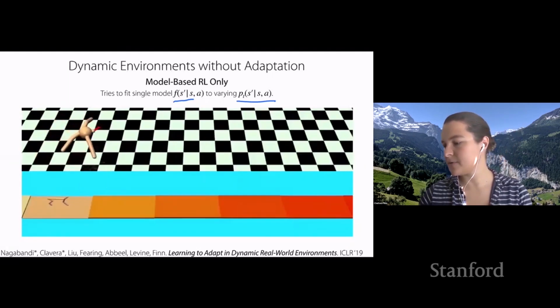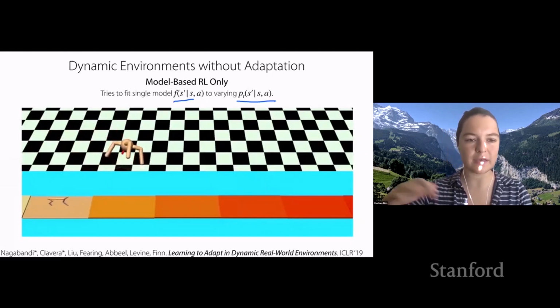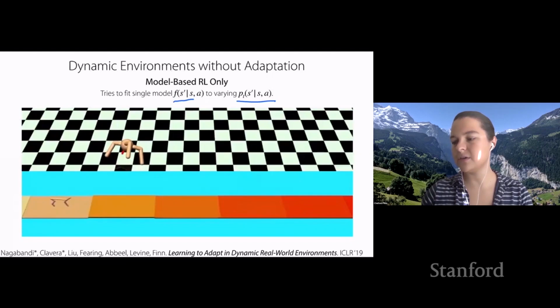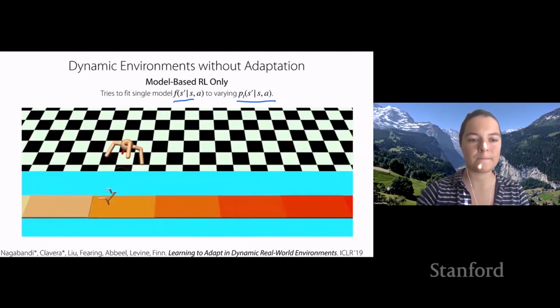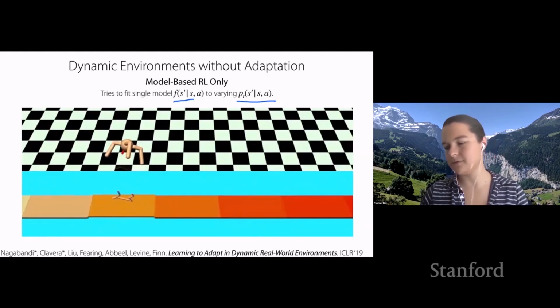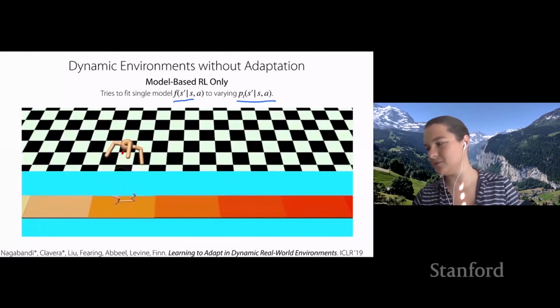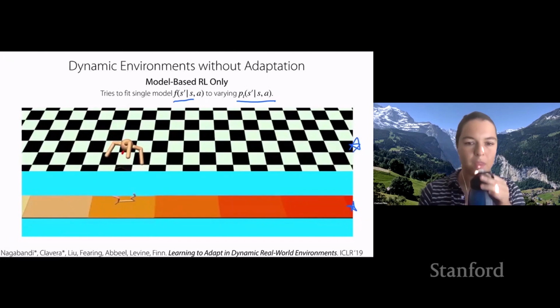In the second example, these different panels have different buoyancy, kind of like if you're on a dock, and a single model struggles to capture the dynamics when you're walking on these different parts of a dock. And so the agent ends up flipping over and is unable to get to the goal, which is over here.